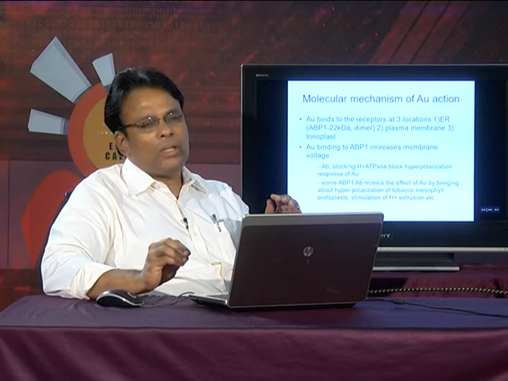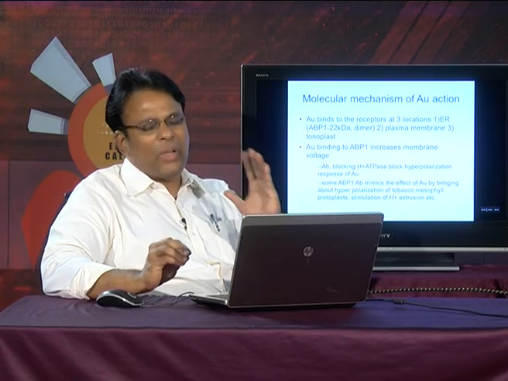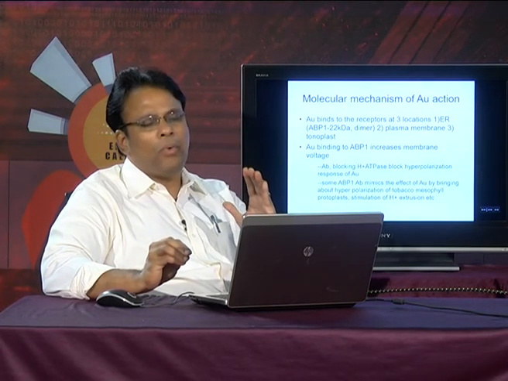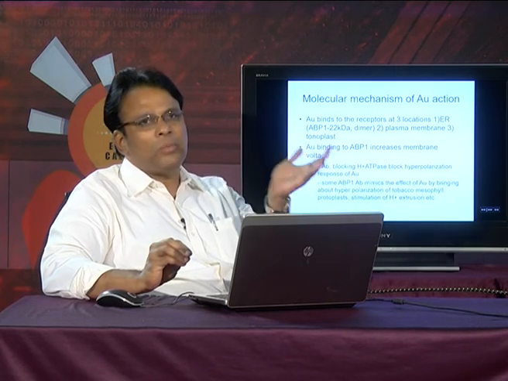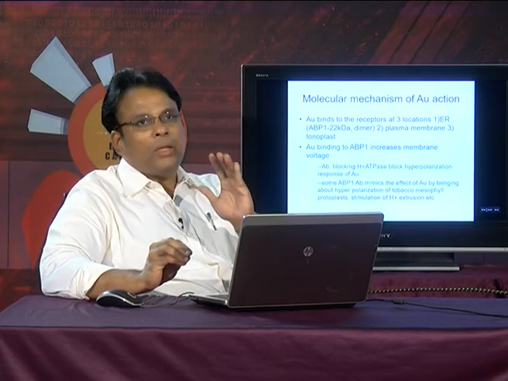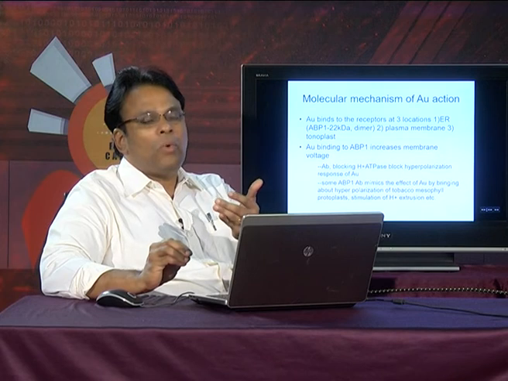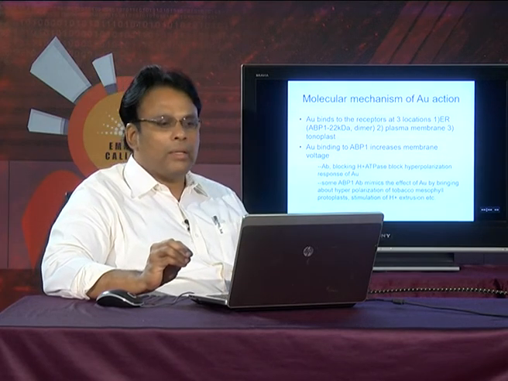So, if you want to check how exactly auxin is acting, you can use an antibody. Instead of the auxin, antibody comes and binds to the receptor, and it can bring about the same effect that happens when an auxin comes and binds.